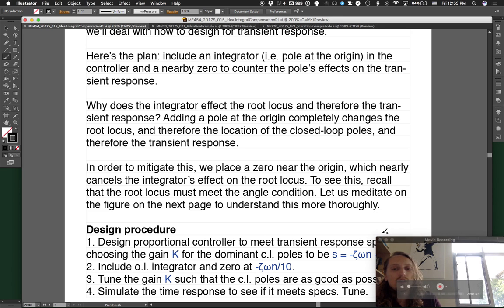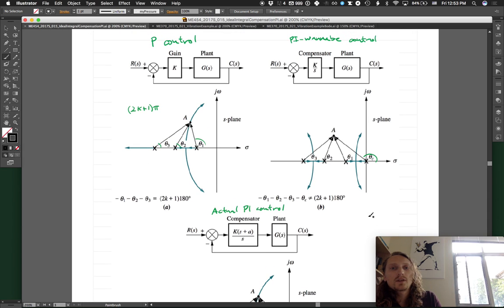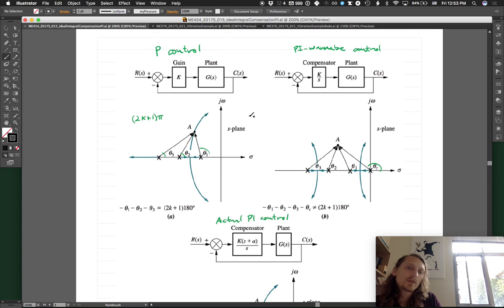So Nise has this nice figure that shows kind of what we're talking about here. So with proportional control, we have this situation here. There is feedback, there's a gain, and if you adjust the gain, you change the location of the closed loop poles.